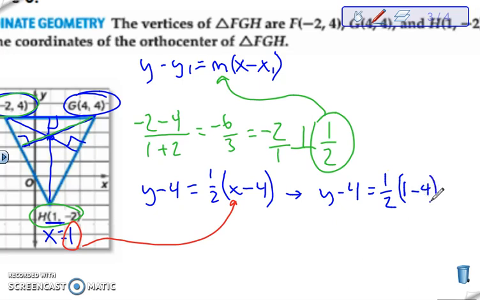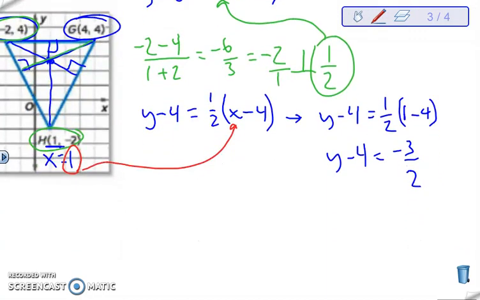And then we're just going to solve. So again, 1 minus 4 is negative 3. Half of that is negative 3/2. Add the 4 over. y equals 5/2.